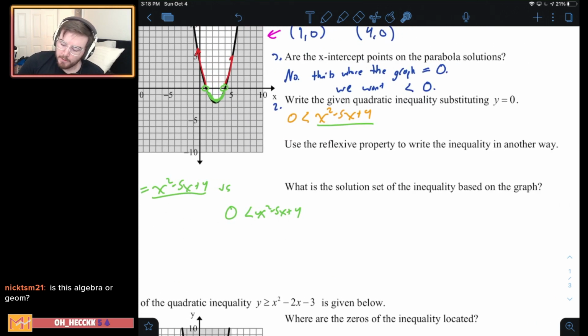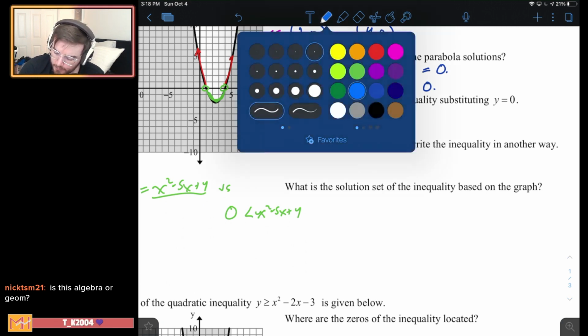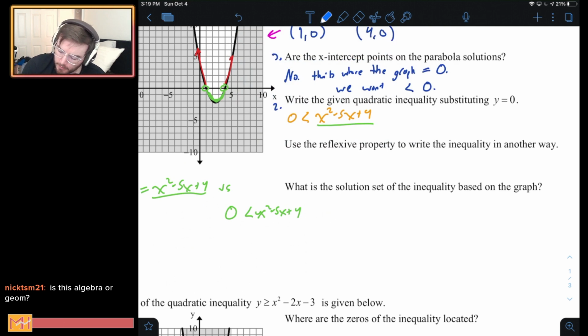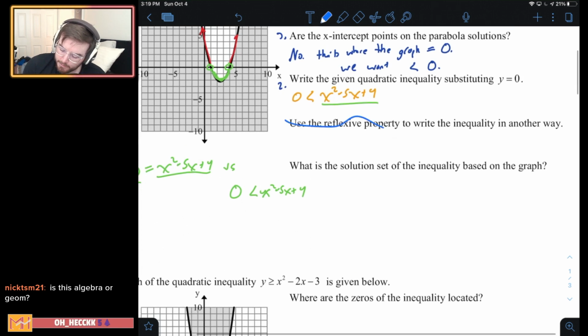So use the reflexive property to write the inequality. Use the reflexive property. I don't want to do that. What is the solution set? Our solution set is from 1 to 4.